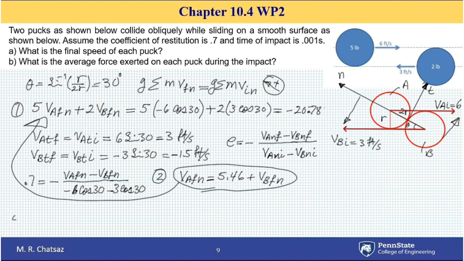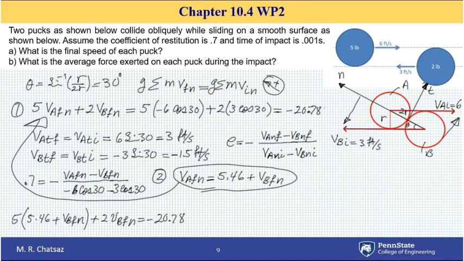Then I have 5 times the final velocity of A in normal direction, which is 5.46 plus VB final in normal direction, plus 2 VB final in normal direction equal to minus 20.78. Observe that this is a simple equation with one unknown.